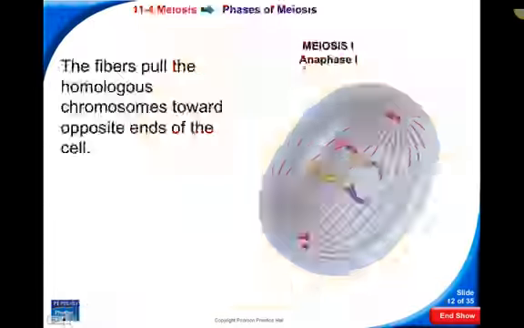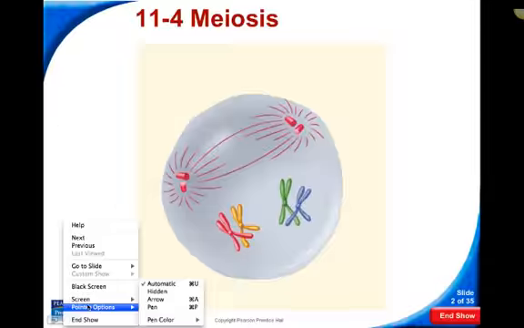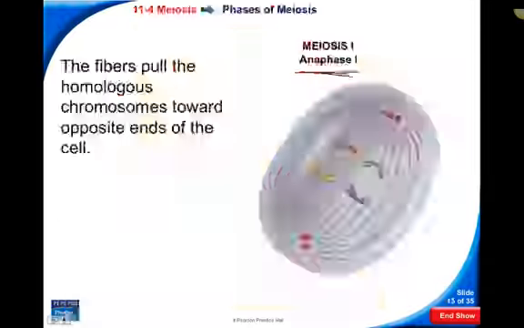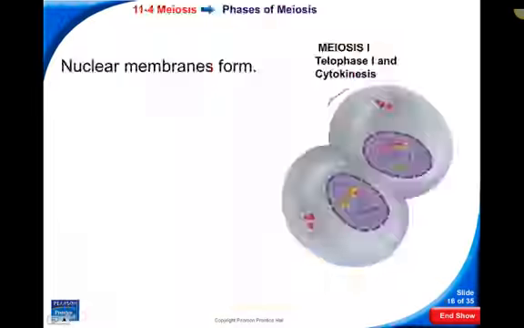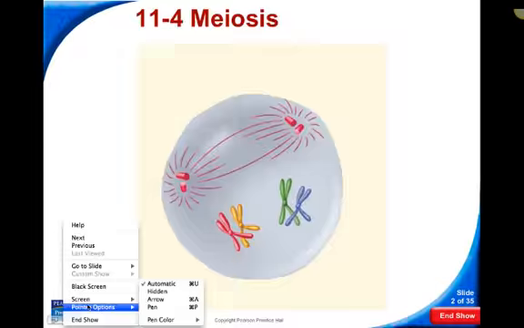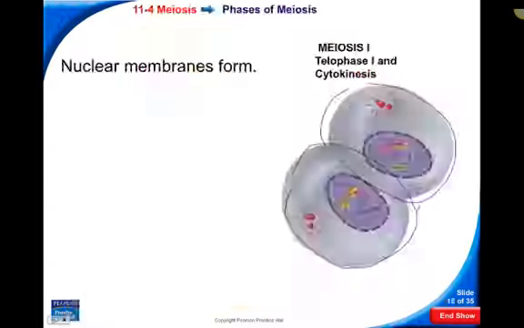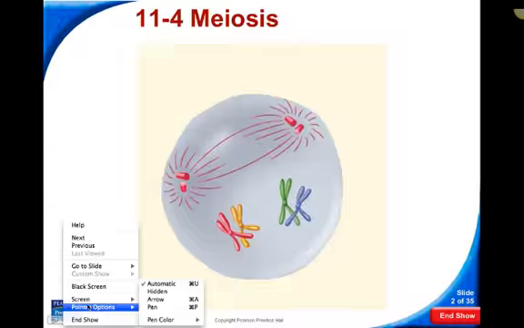Okay, anaphase is when they really get pulled to the poles. Okay, and then we have telophase, and this is all extremely similar to mitosis. We have telophase and cytokinesis where we form 2 new cells.